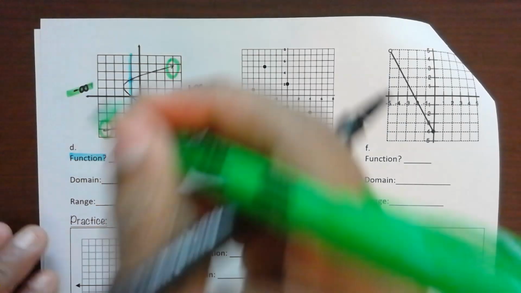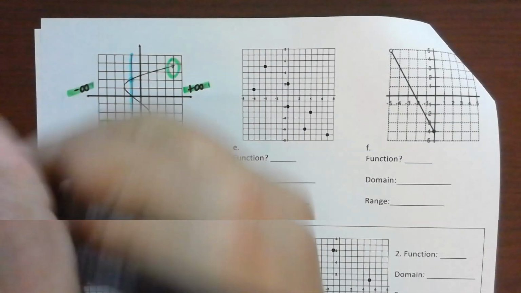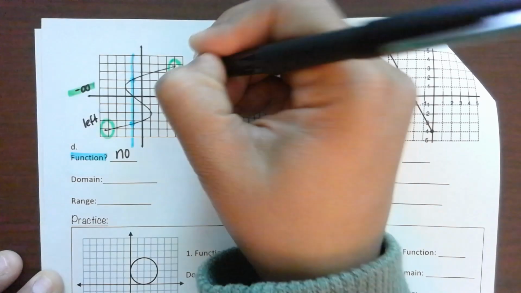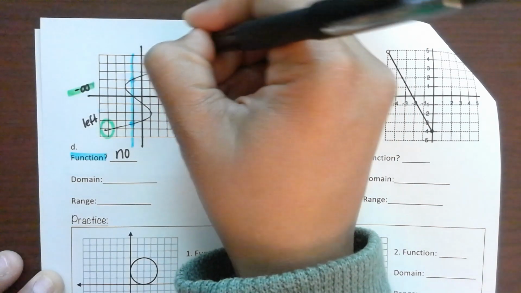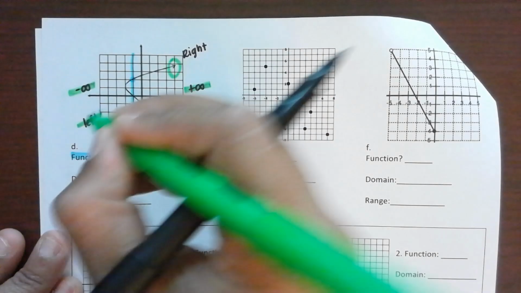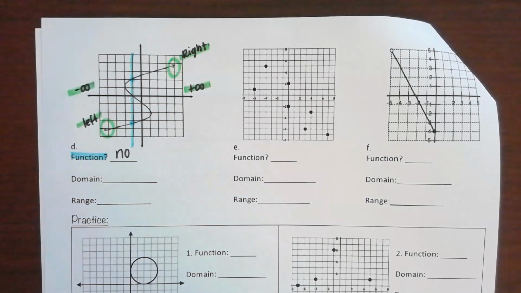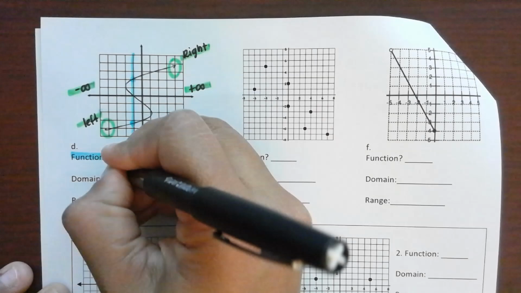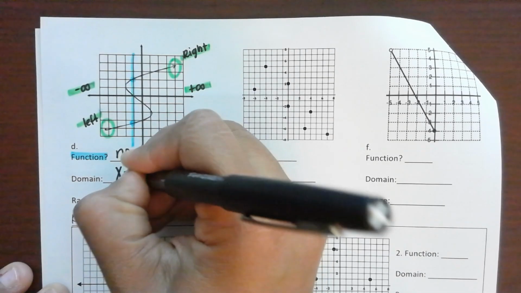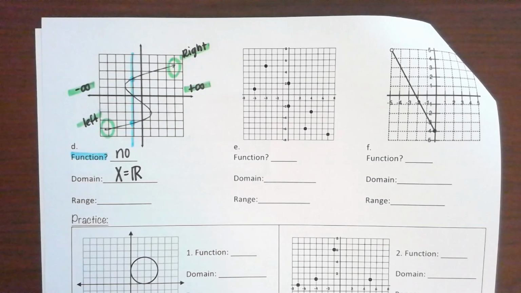The way to help with that is to write the directions of the arrows that correspond. This one is going to the left forever. This one's going to the right forever. And that's what makes it -infinity and +infinity. Everybody following? So what would be my domain? R. Any questions there?